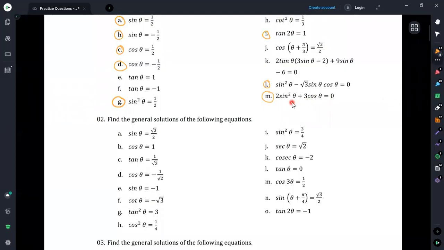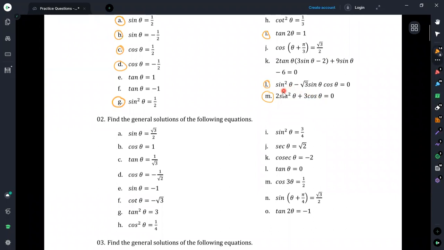Here the question is given as 2 times sine squared theta plus 3 times cosine theta equals 0. As soon as we see this question, we can see that the sine squared term is there and cosine is given there. But if you are trying to find the factors, one term is in the form of x, but the other term is in the form of y.